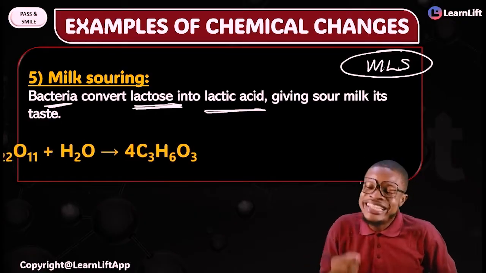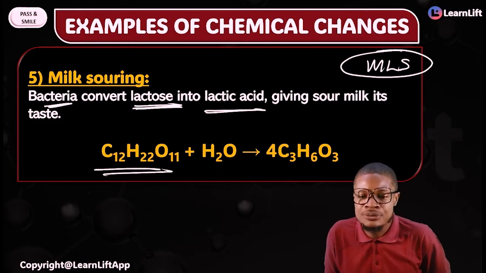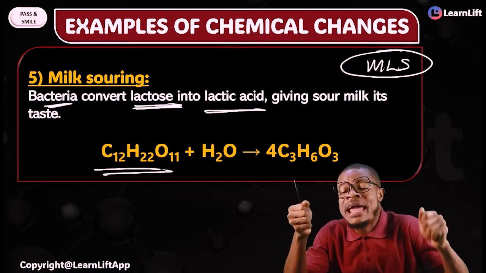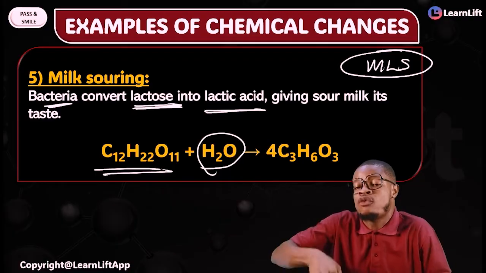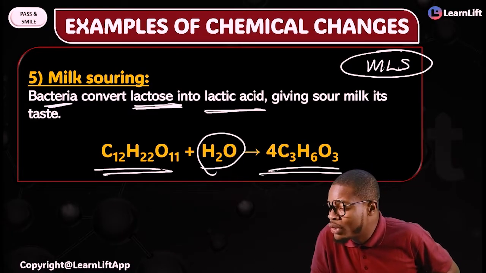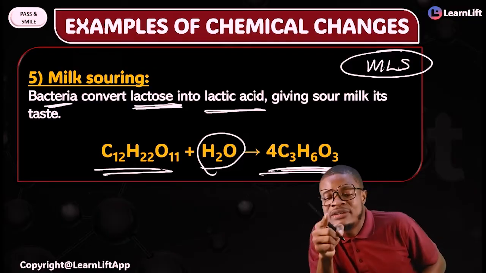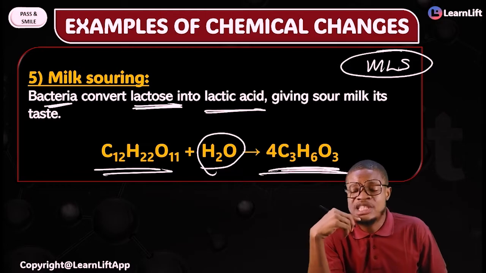In other words, this guy that you see here, what is it? Lactose, right? Now, lactose is being acted upon by bacteria, causing addition of water, and then it will give rise to your lactic acid. The presence of lactic acid is what gives that sour taste. So milk souring is an example of your chemical change.